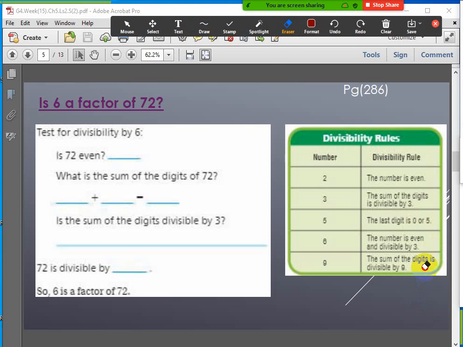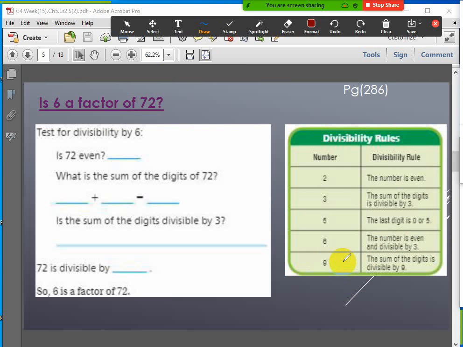Right, girls? Let's see if this number is divisible. So, if you return to the rule, to this table, the number is even and divisible by 3. This is the rule, okay?